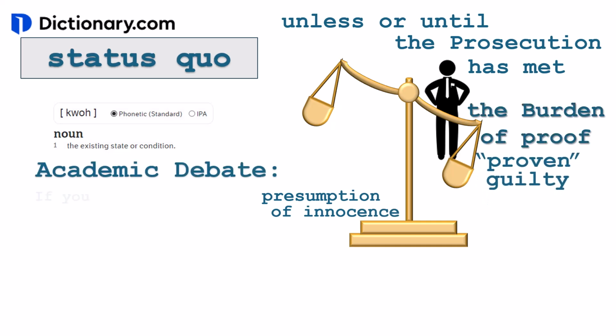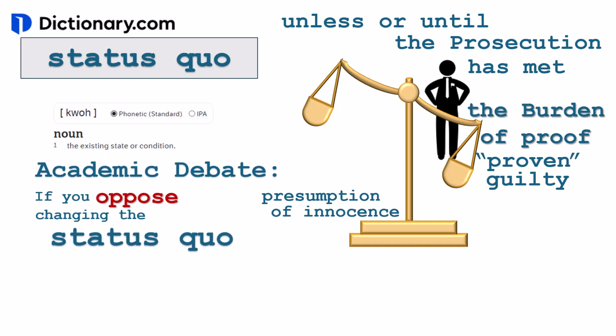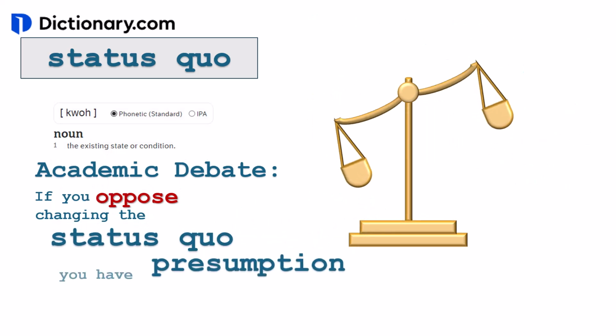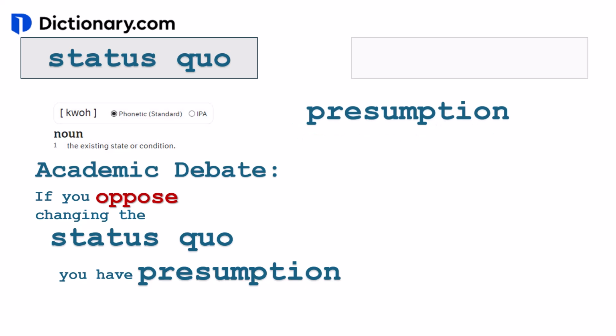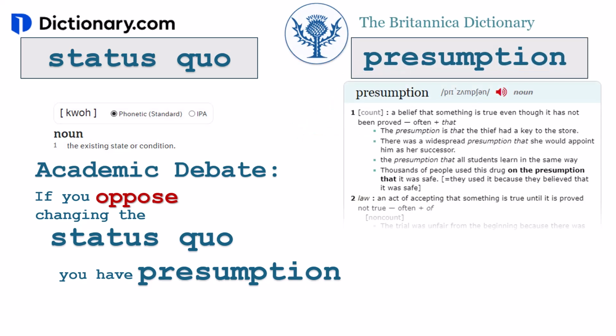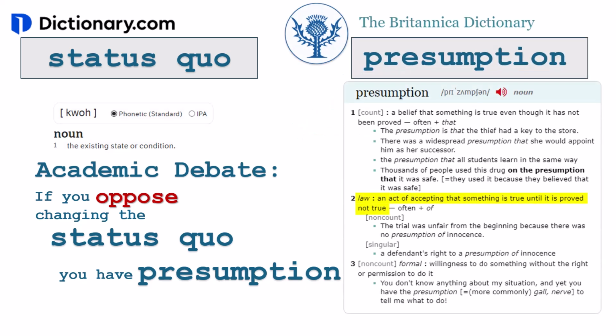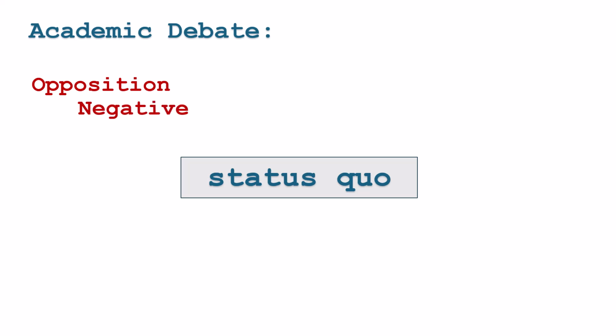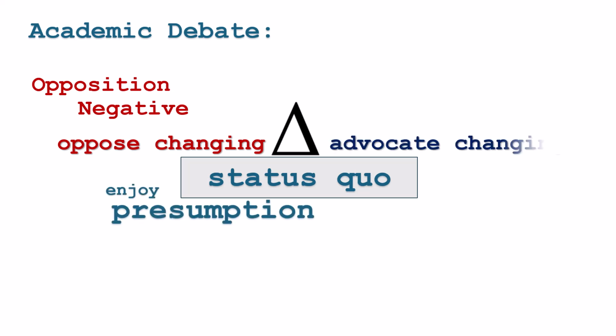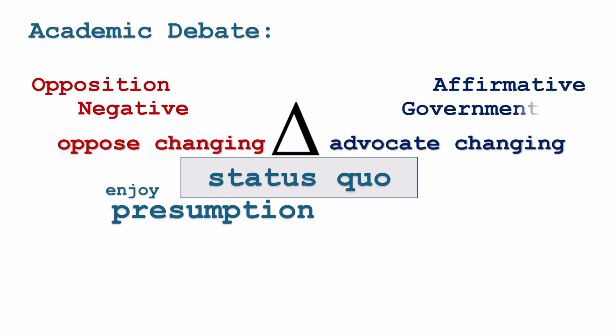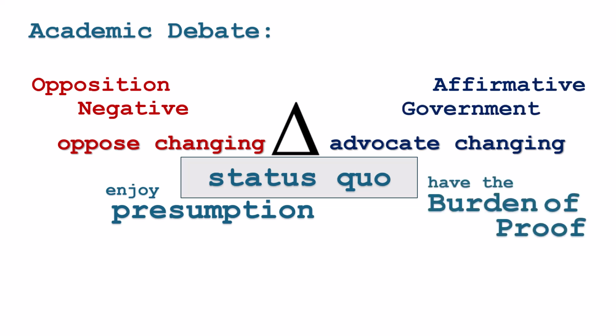In academic debate terms, if you are opposing a change in the status quo, you would have presumption, which the Britannica Dictionary defines as an act of accepting that something is true until it is proven not true. We say that the opposition or the negative in an academic debate, because they oppose changing the status quo, enjoy presumption, while those advocating for a change in the status quo, the affirmative or the government, have the burden of proof.